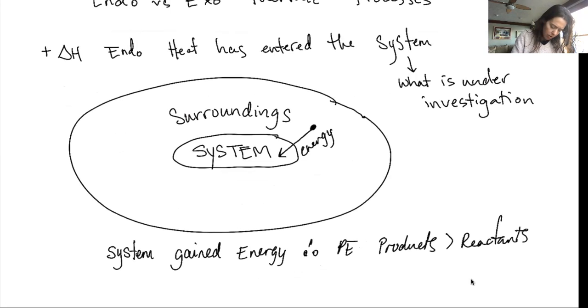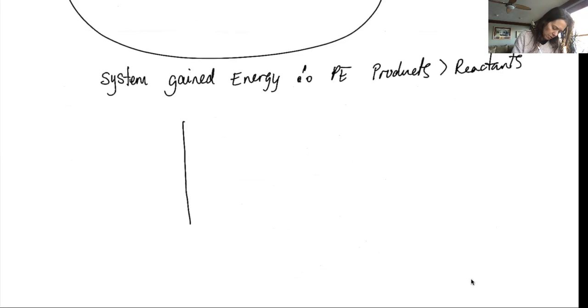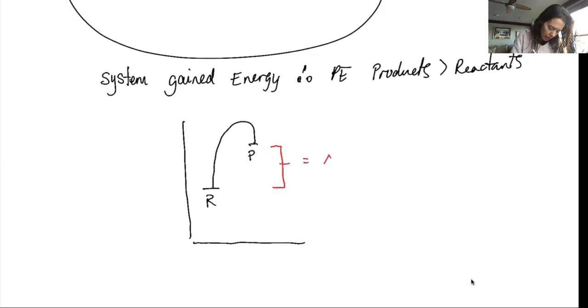We could look at that on an energy profile, which should be very familiar to you at this point. Reactants, endothermic, products. The difference between the energy of the reactants and the products is equal to the delta H: potential energy of products minus potential energy of reactants.